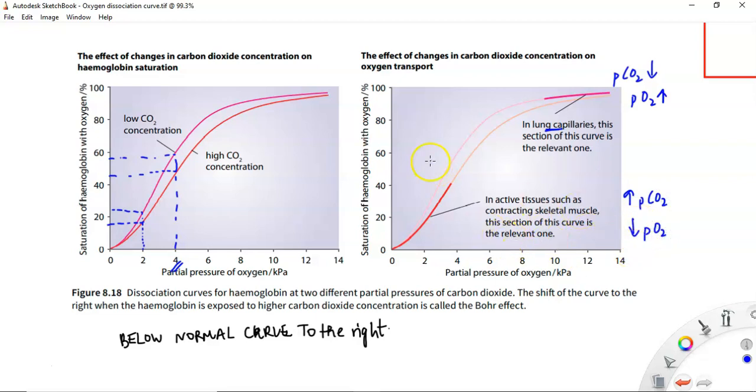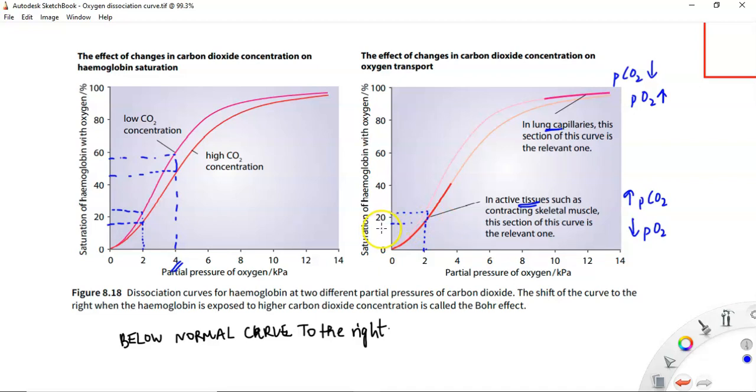That means the dissociation curve shifts to the right, and that means in active tissue, at a low partial pressure, let's take 2 kilopascal, with a normal curve the saturation should have been about 23%, but because of the Bohr effect, because of the carbon dioxide, the saturation is less.